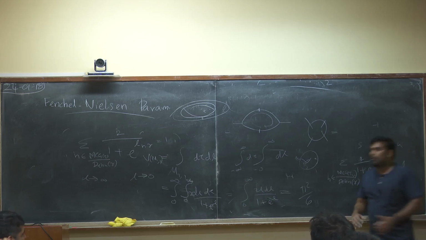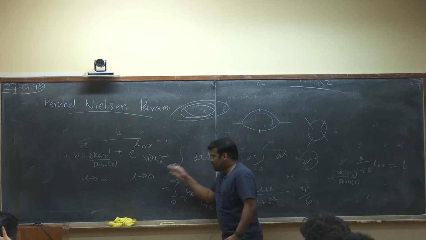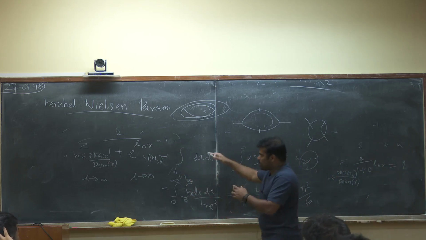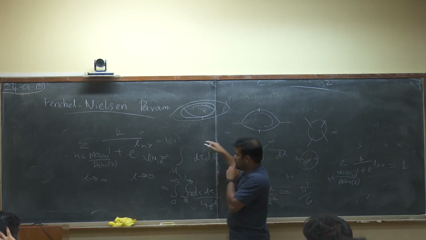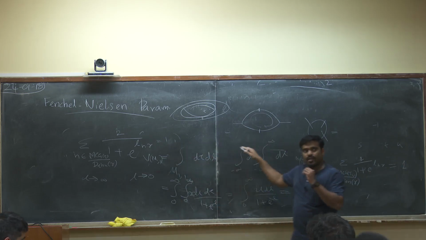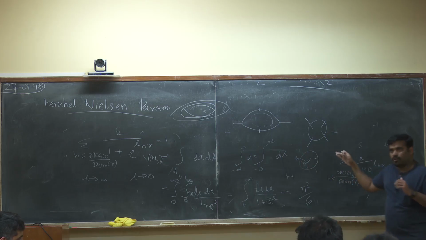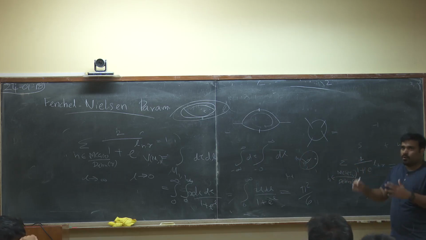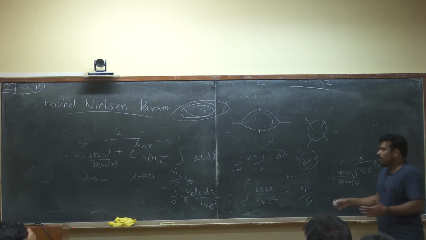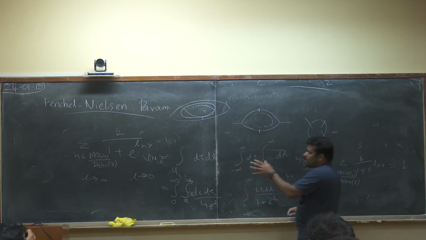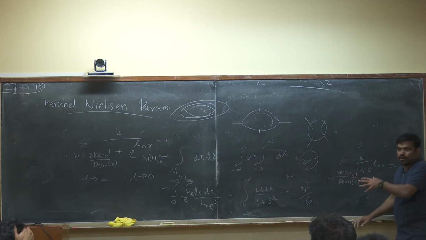The particular identity I am mentioning is the identity by Mirzakhani, and she used this identity for studying moduli space. She found a recursion relation for the volume of the moduli space.